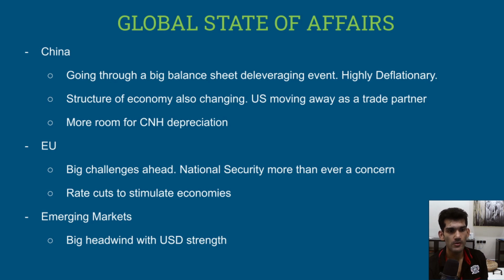In the EU, we're seeing big challenges ahead. In terms of national security, it's becoming more of a concern than ever, with Russia now launching intercontinental ballistic missiles to Ukraine. That is a very strong message to NATO and all these European countries, because everyone knows that these missiles can hit anywhere in Europe within minutes.